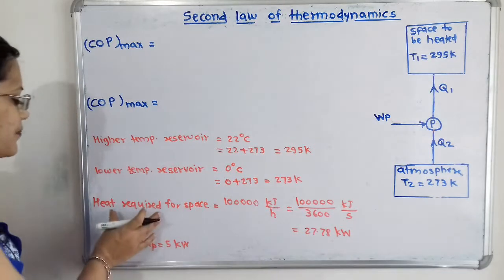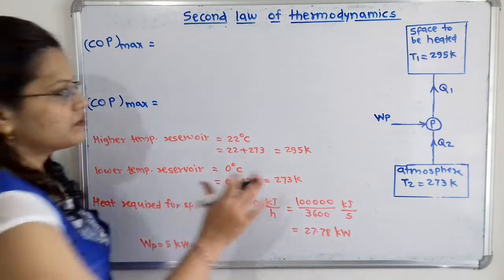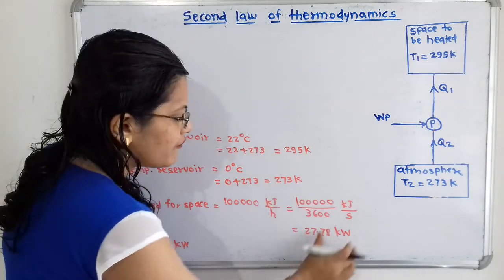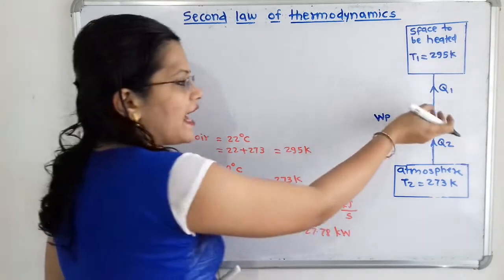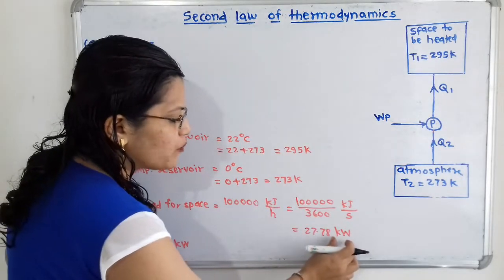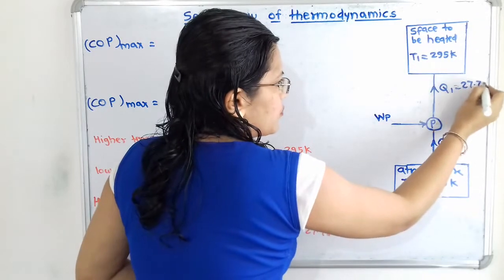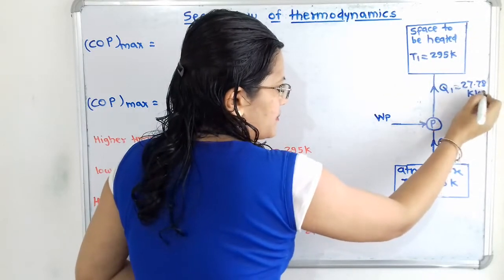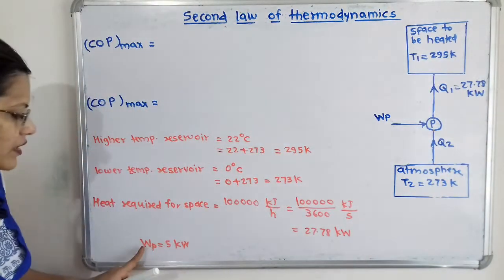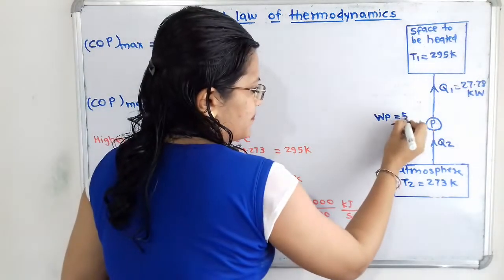So this is the heating requirement for the space. We can say that this is the value of Q1. So we have to transfer heat equal to 27.78 kilowatt. So Q1 is equal to 27.78 kilowatt. And the work input is also given, that is 5 kilowatt.